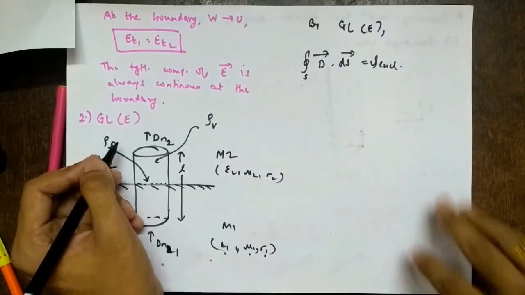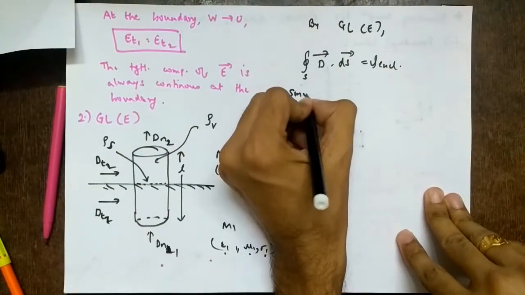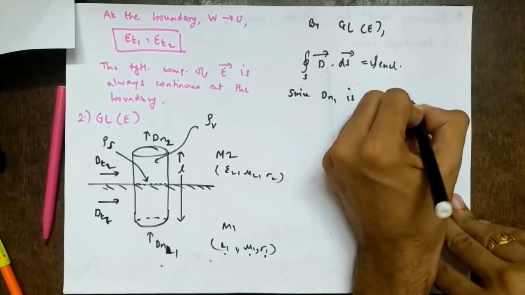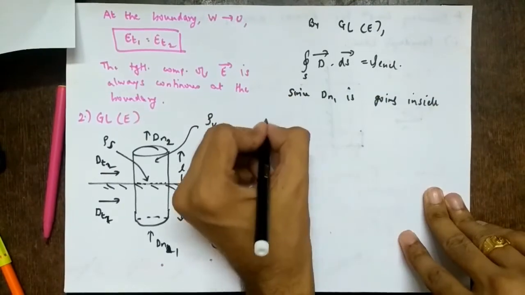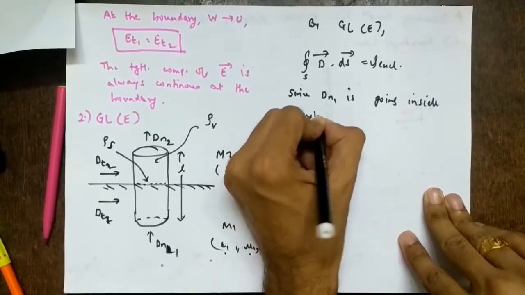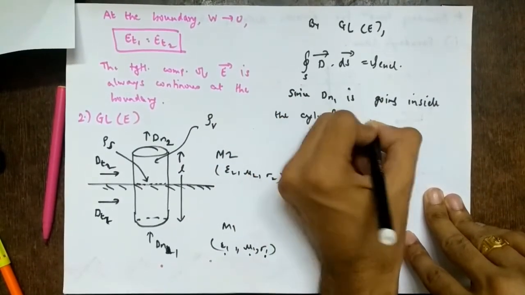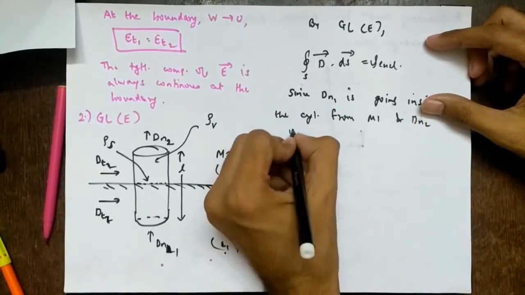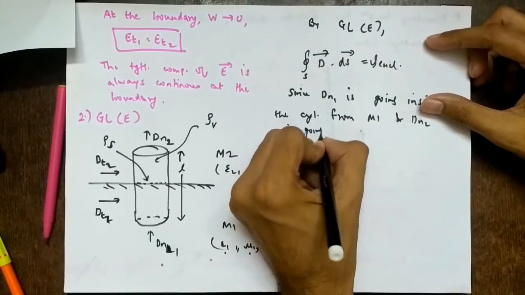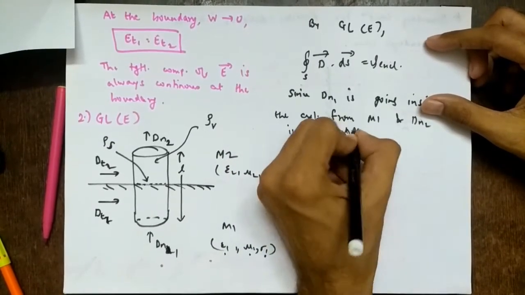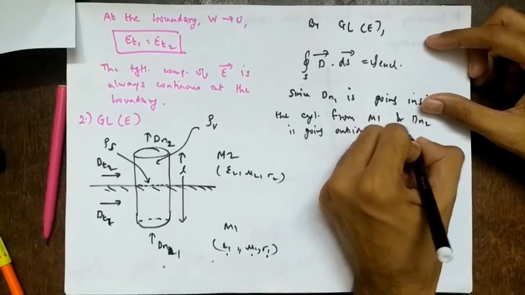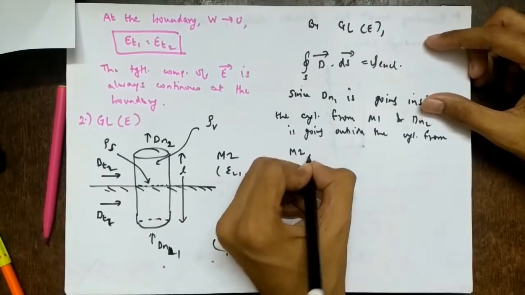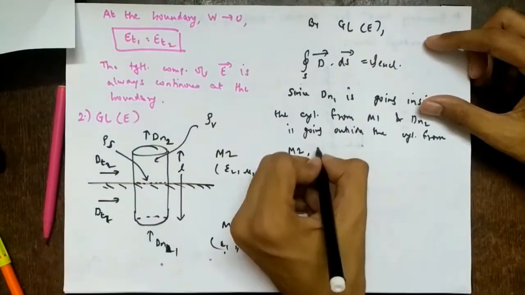So since Dn1 is going inside the cylinder from medium 1 and Dn2 is coming outside the cylinder from medium 2, what will be the net electric displacement?